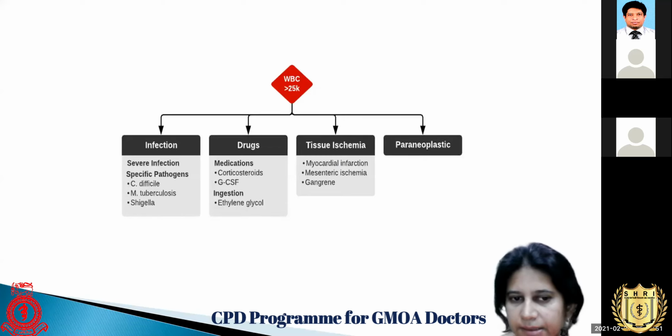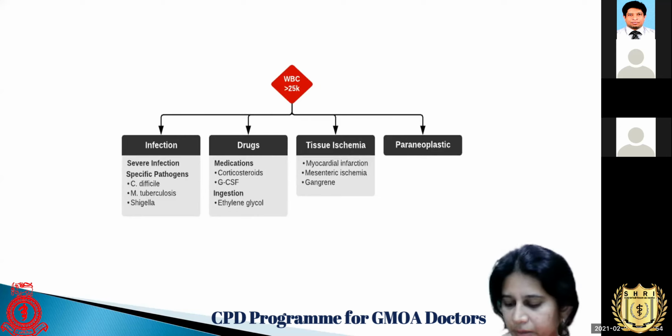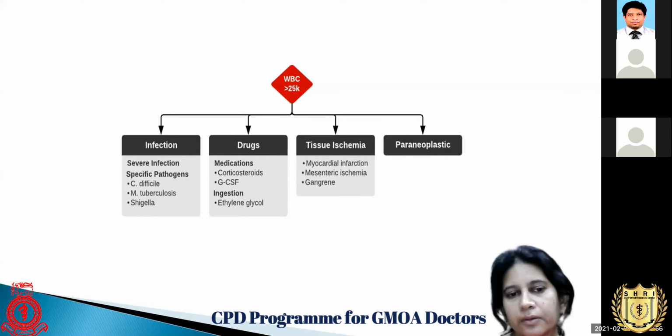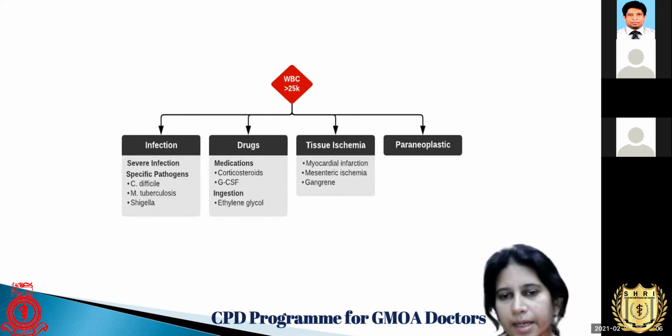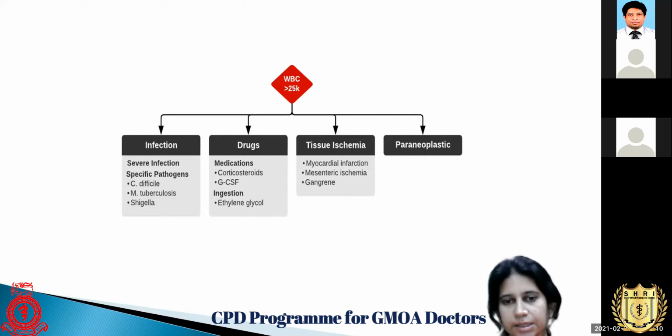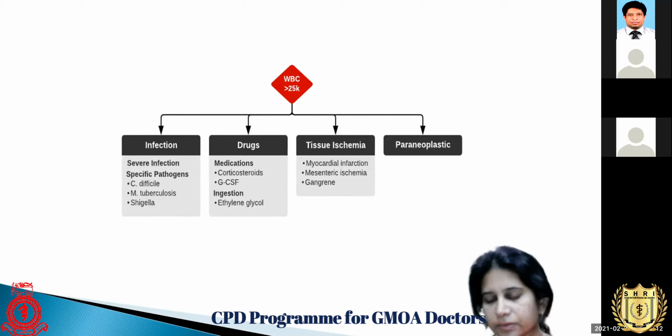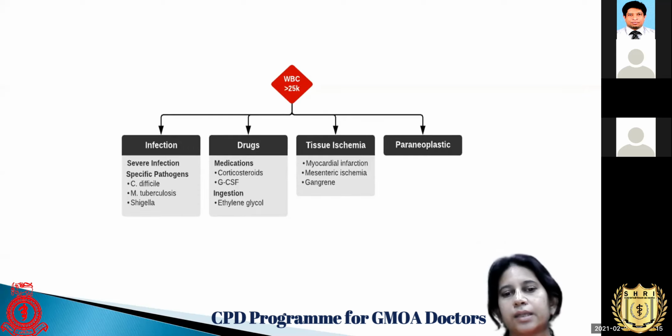You give GCSF when the WBC count is very low. If you forget to monitor the counts by day 3, day 5, sometimes your patient might get very high WBC like 30,000, 40,000. And other causes like tissue ischemia and paraneoplastic syndrome. Paraneoplastic syndrome we see especially in lung malignancies, you get very high count of neutrophils, 100,000, sometimes eosinophils, 50 to 60,000.